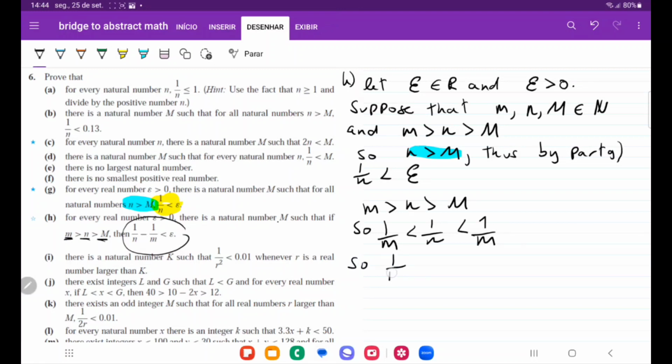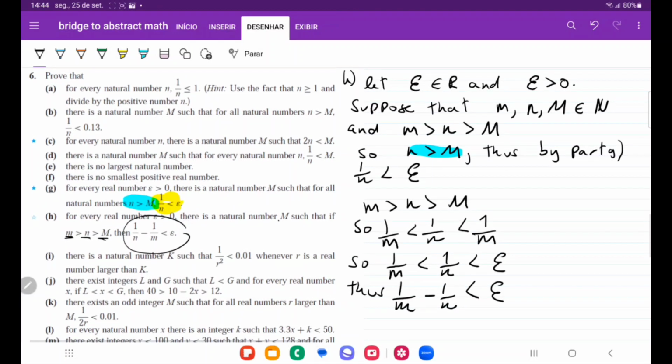So what I'm going to do here is subtract 1 over m from this side, and I'm going to say thus 1 over n minus 1 over m, since 1 over m is positive, is definitely going to be less than epsilon. Since 1 over n is less than epsilon and 1 over m is positive, it means that 1 over n minus a positive number is still definitely going to be less than epsilon. And so we have proved it, right?